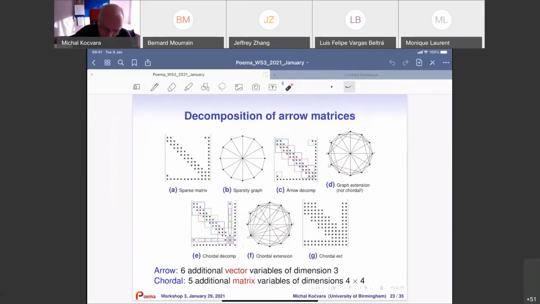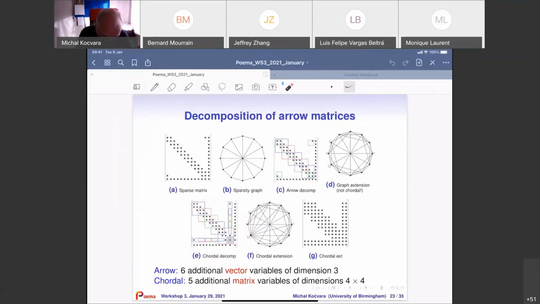We don't need the chordality of the underlying graph. So actually the extended matrix for the arrow decomposition can be much sparser than when using the chordal decomposition theorem.